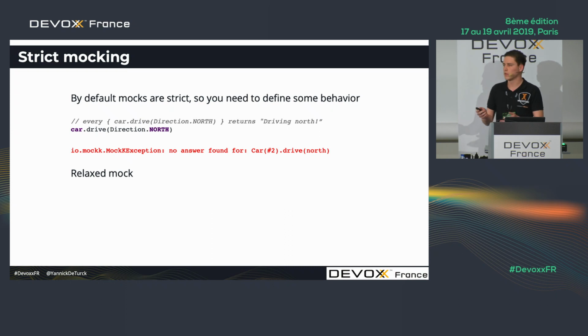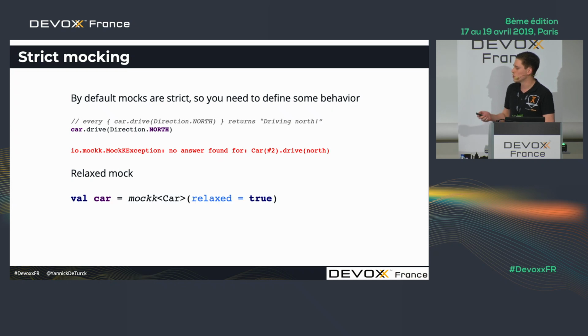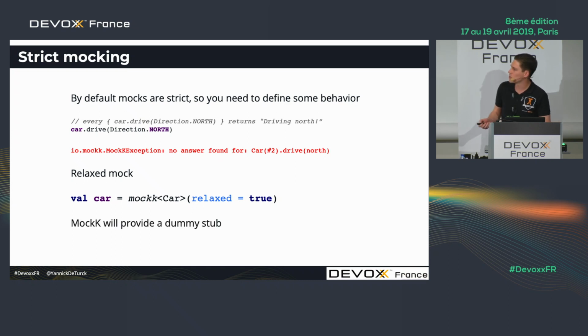Now there is also something called a relaxed mock that you can specify when you define your mock. So you can actually pass on this relaxed parameter to relax your mock, to become a relaxed mock, all zen and stuff. And what then happens is that MockK will provide a dummy stub for you. So by doing so, you don't have to stub all these calls yourself.